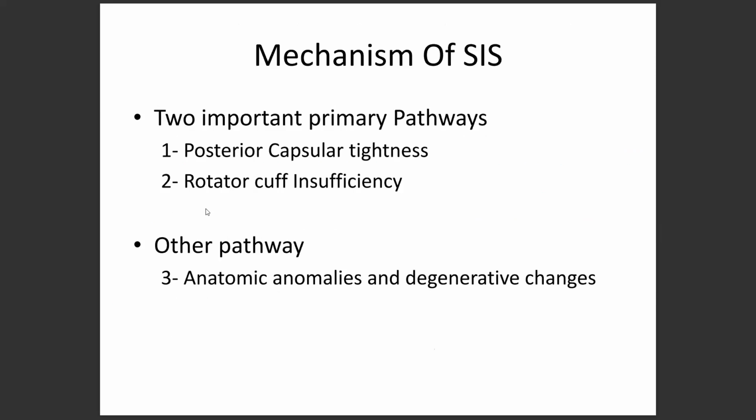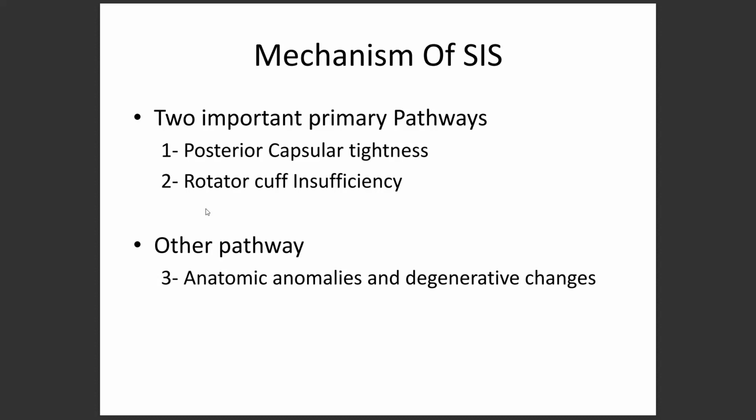Now, what are the mechanisms of subacromial impingement syndrome? So two important primary pathways and one less common pathway have been reported in the literature. The two common important pathways which elaborate the mechanism of subacromial impingement syndrome are posterior capsular tightness, and the second one is rotator cuff insufficiency.